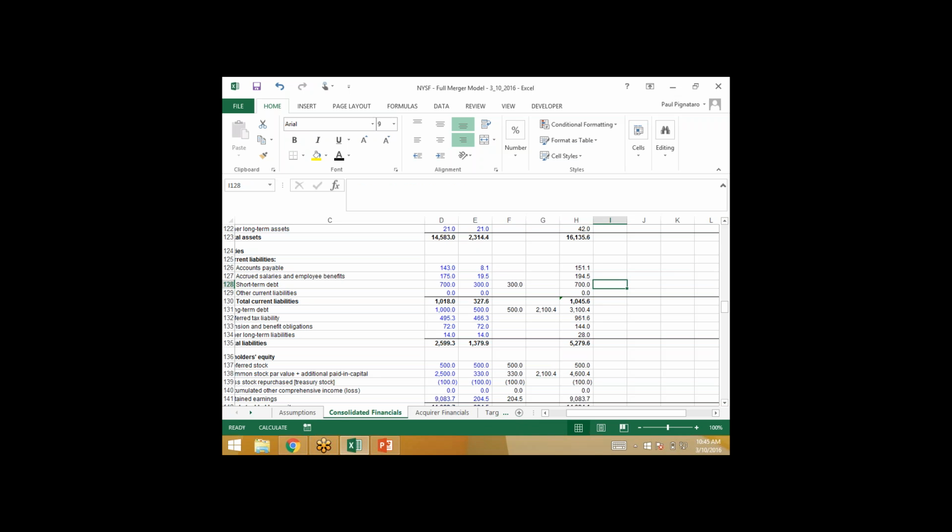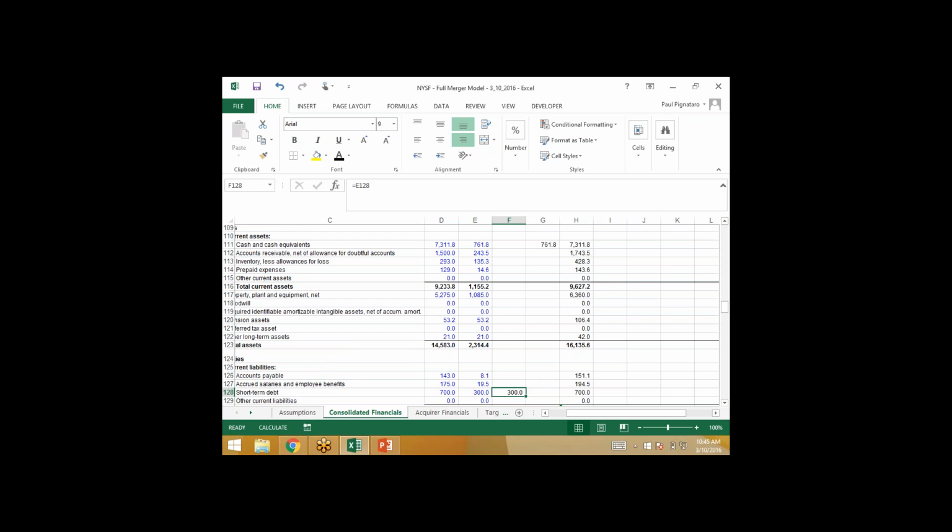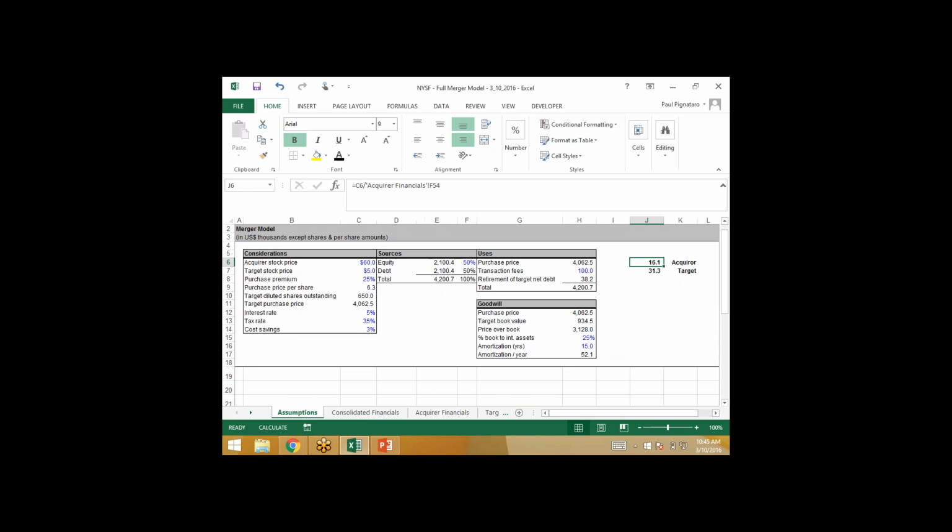Long-term debt includes 900 or 700. The net debt. It's in the net debt. The 5 plus 3 minus 761.8 is represented here as 38.2. Once we link this up, I'll show you how to do it in different ways. Ricardo, this is the assumptions tab.